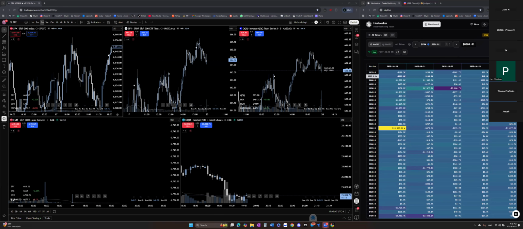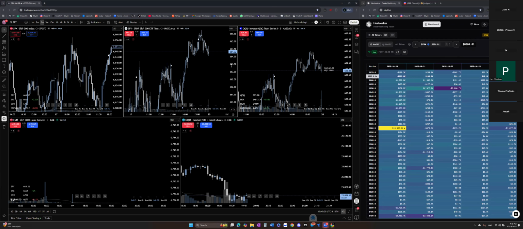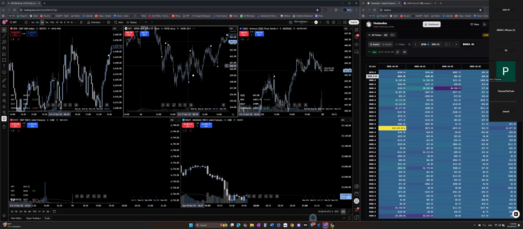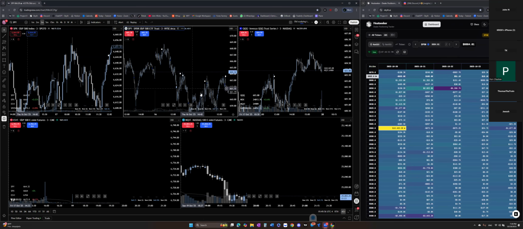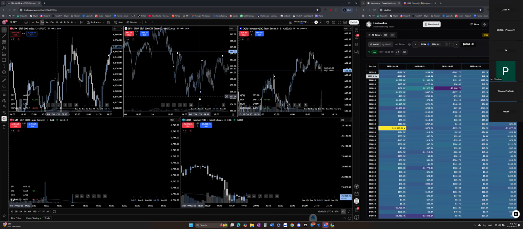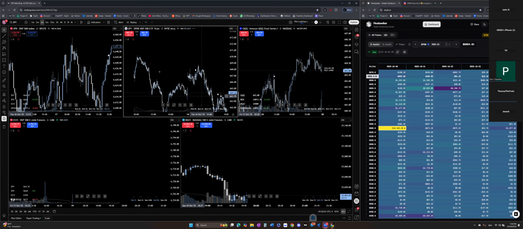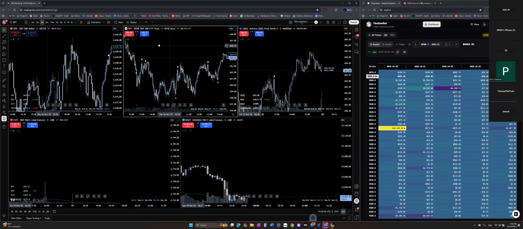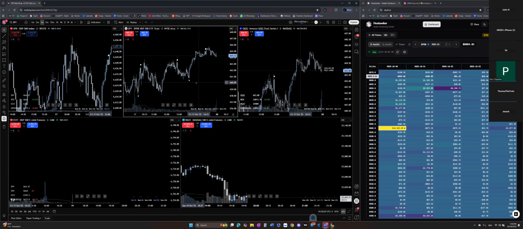It really is dependent on market conditions at the time, but we've been getting these nice rallies, these nice reversals, these 5 point moves, these 10 point rejections. Not to say that every day is going to be like this, but by entering on reversals, we have much more flexibility to manage our risk.